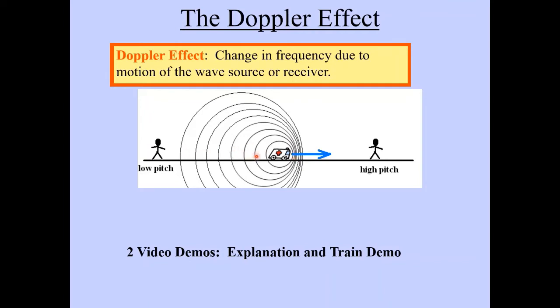On the other hand, for this observer over here, these sound waves are moving back towards him or her, and since the sound source is moving to the right, these sound waves are spreading out in space, and therefore as they arrive here, they are arriving at a lower frequency, so you hear a lower pitch. So this leads to a very fascinating effect called the Doppler effect. Let's go ahead and watch a couple of short video demos that will explain the Doppler effect.